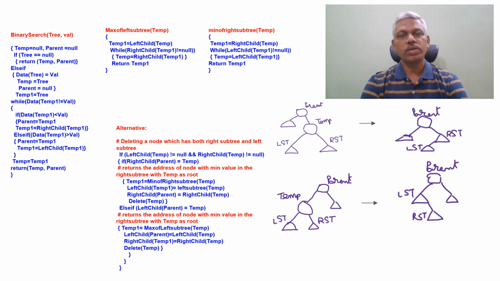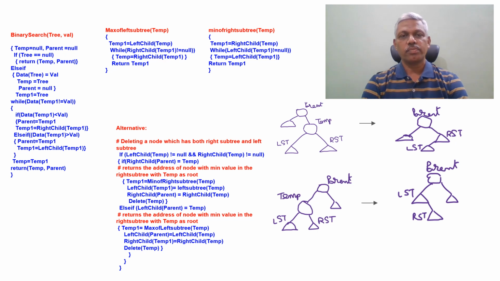So we keep on moving towards the maximum possible right side. That is why while right child of temp1 not equal to null, we keep on moving. Temp1 is equal to right child of temp1. We keep on moving, and once we reach the rightmost point, temp1 is returned.